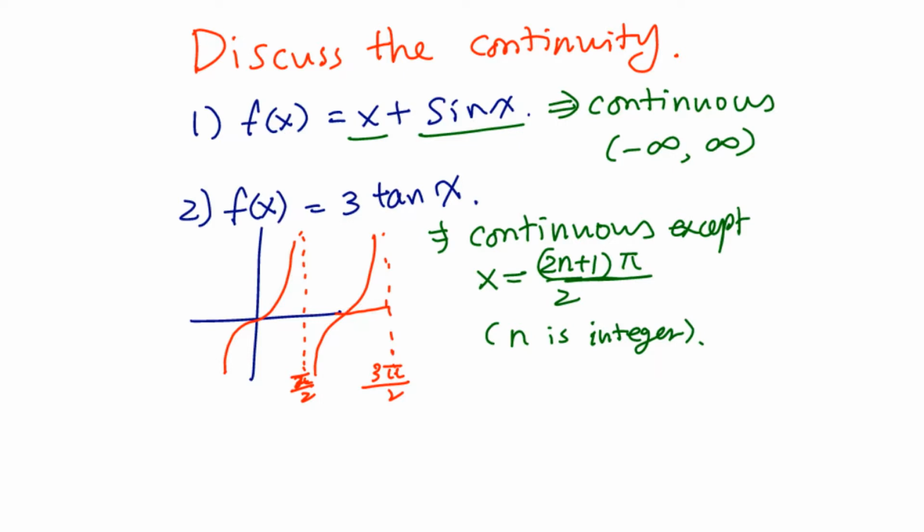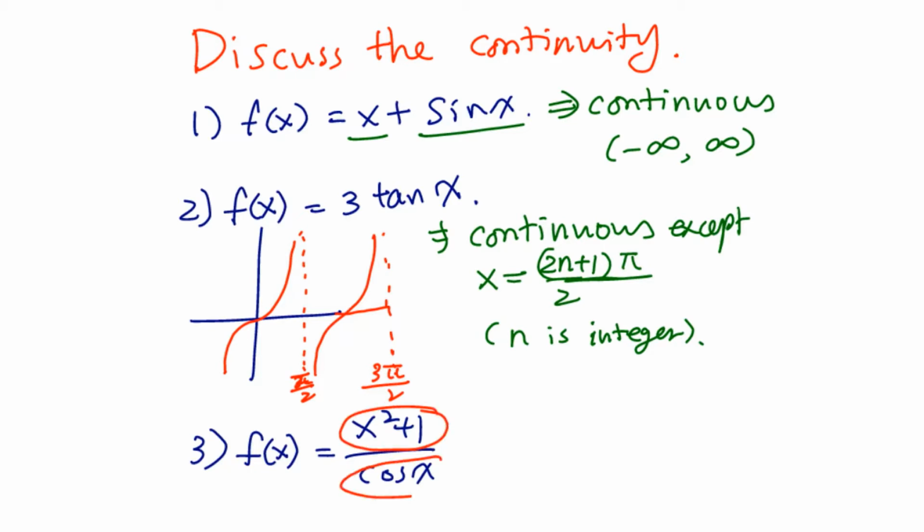Number 3, I have f of x that is x squared plus 1 over cosine x. Then we know that the numerator, the top, is continuous for all real numbers. Cosine is continuous for all real numbers, but since cosine is in the denominator, it can't be 0.